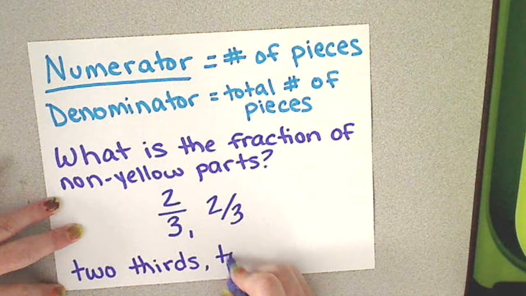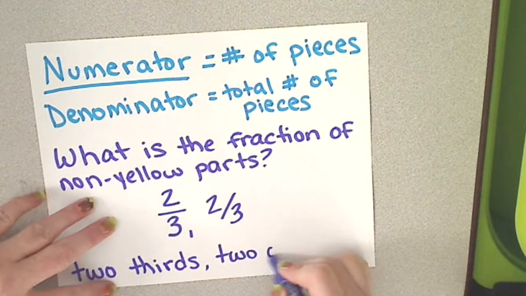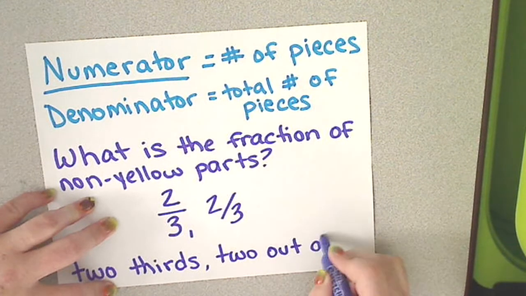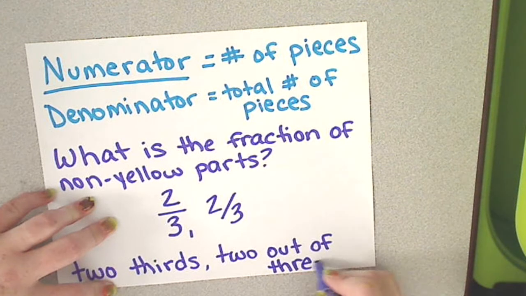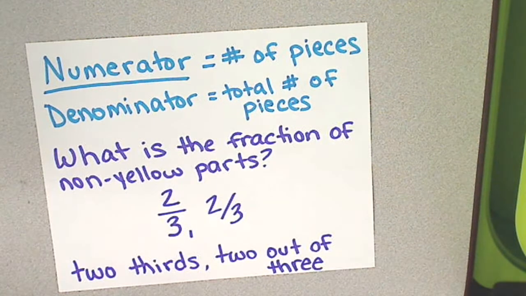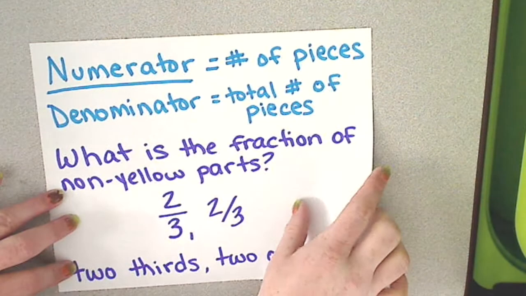Or 2 out of 3. So when you're reading information, make sure that you're looking for all of these different types of ways that the fraction's name could be written. All right, so let's move on.